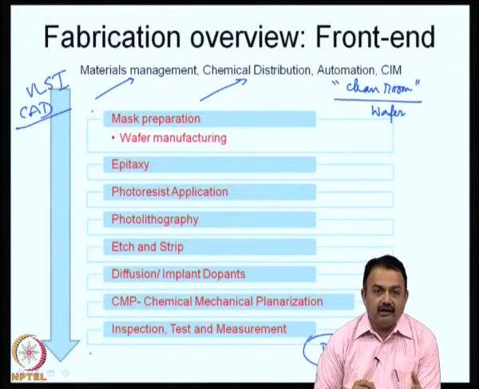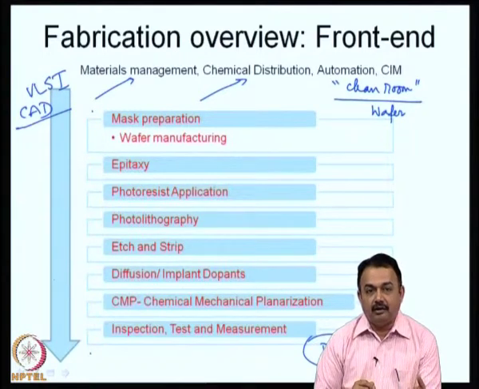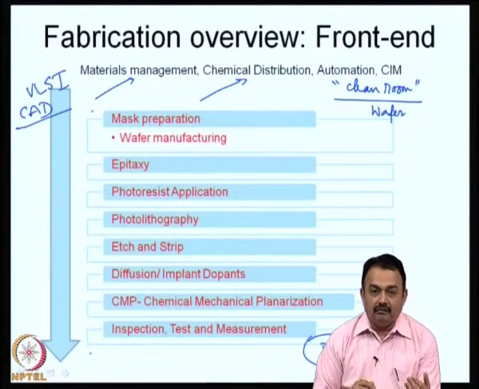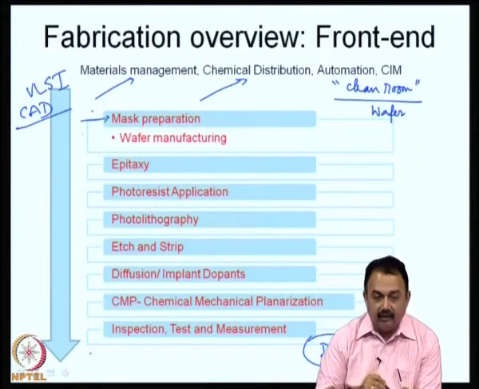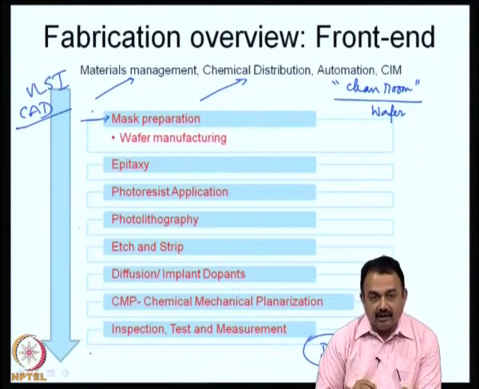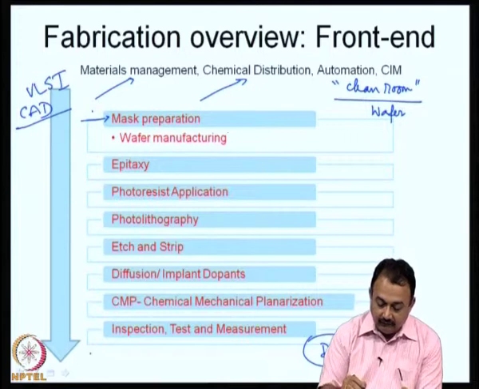You may have different layers to be generated in the semiconductor fabrication process. So, for each of these layers, a conductor layer or a via, you require a separate mask. So, mask is the starting point for the die manufacture. What is a mask? A mask is basically, you can call it a photo tool.